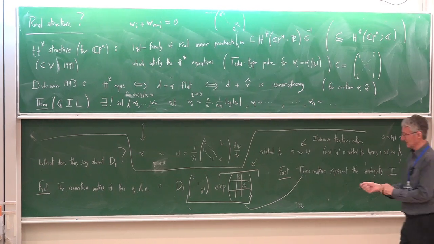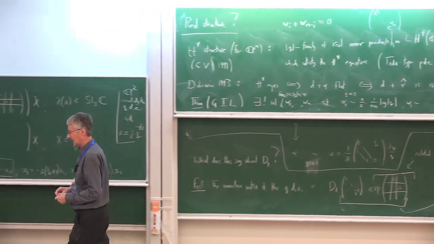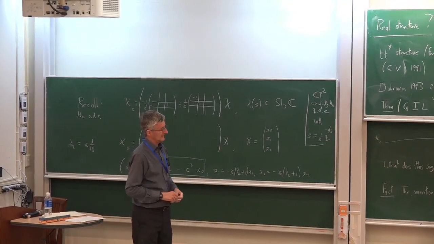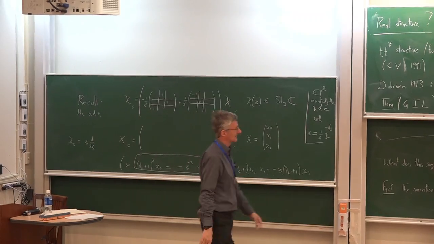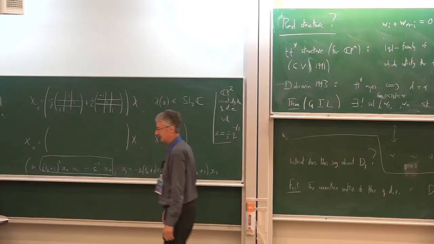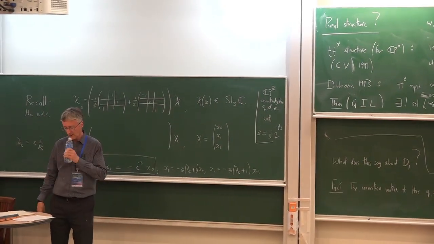But to get a global solution on the entire complex plane, you need to choose this. You need a more careful choice of asymptotics. Okay. So this kind of suggests another problem.